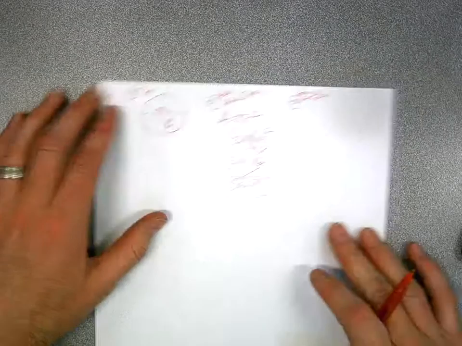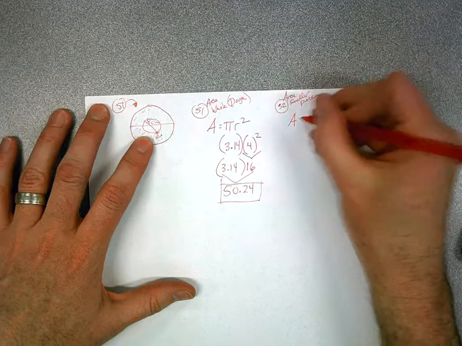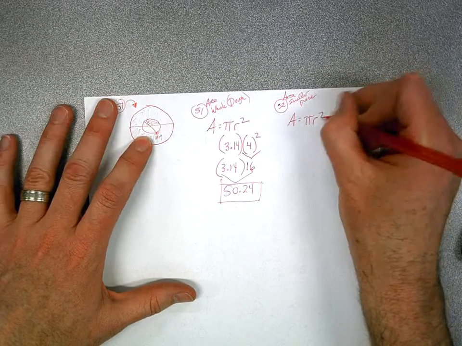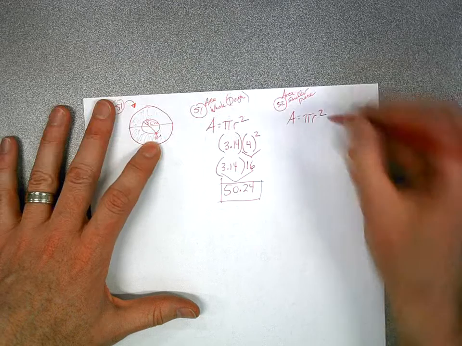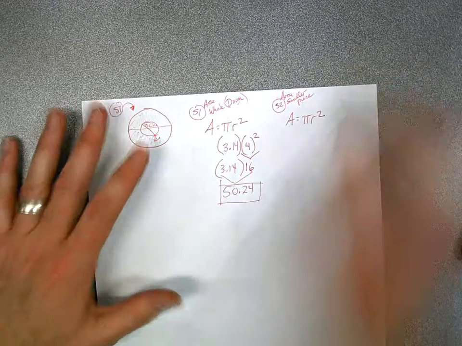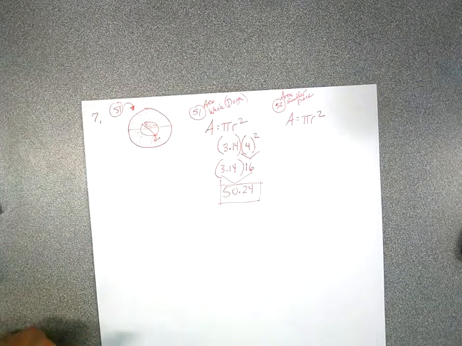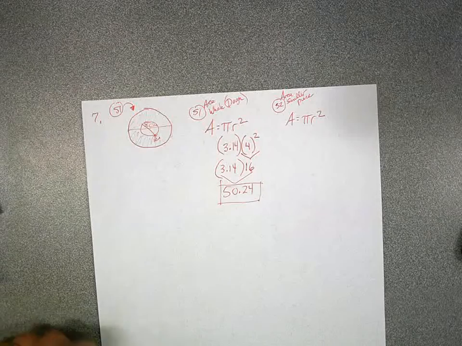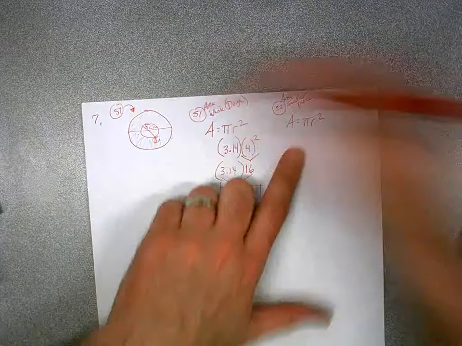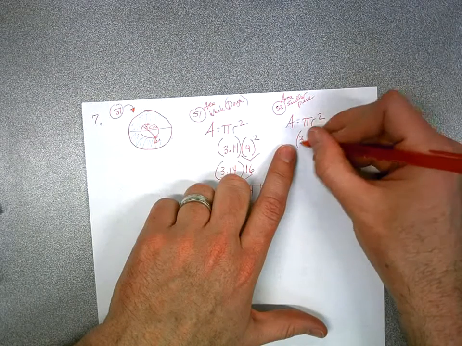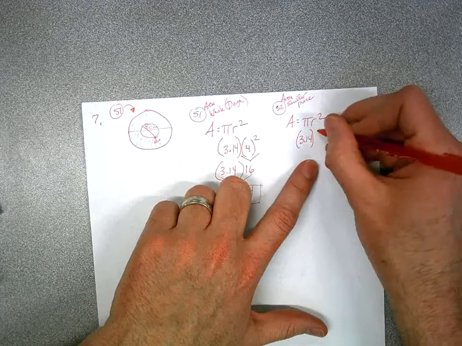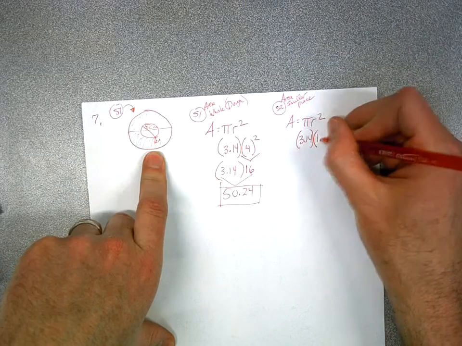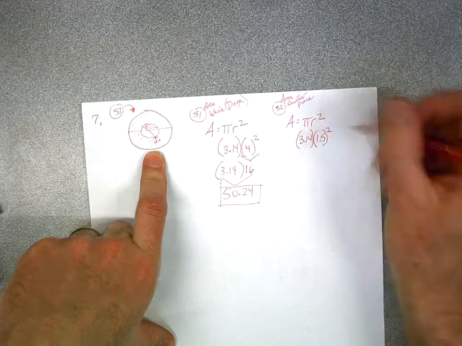So this is still a circle, so it's still pi r squared. Okay. And let me double check to make sure it says middle, yeah, both of them are diameter, so this is a diameter of 3. So pi is 3.14. The radius isn't 3, it's 1.5. So plug that in.